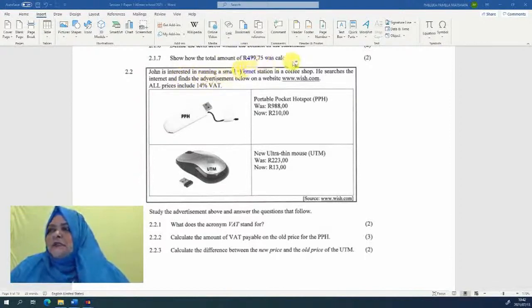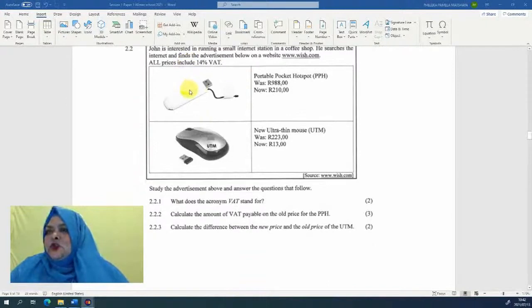He searches the internet and finds the advertisement below on a website, www.wish.com. All these prices include 14% VAT. Includes meaning the VAT is already added into this value that you see there, on top of the value, whichever way makes sense to you.